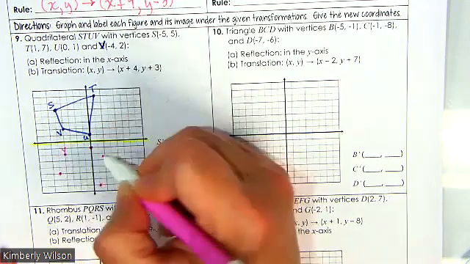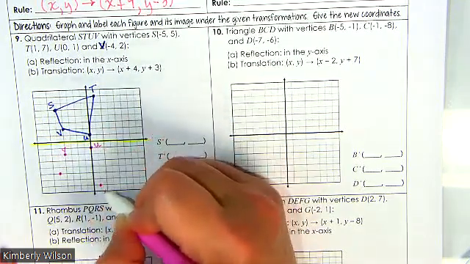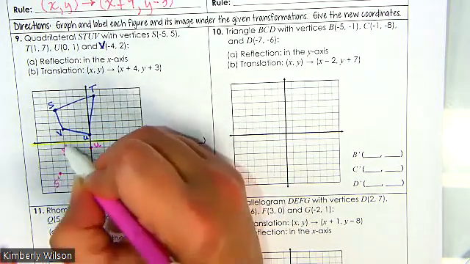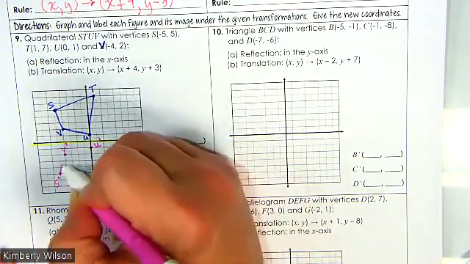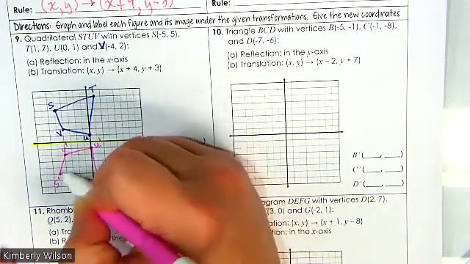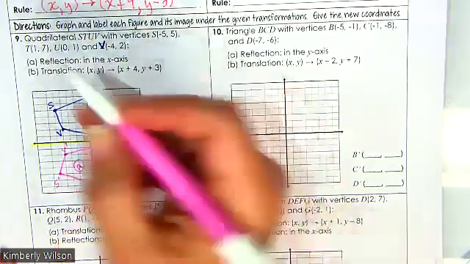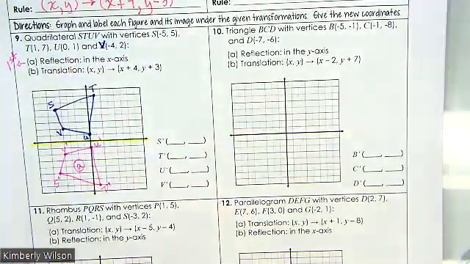So this is V, this is U, T, S, and this is the prime because this is the middle. This is the first image. So this is image A, which is your first one because it comes first. That means I do it first.